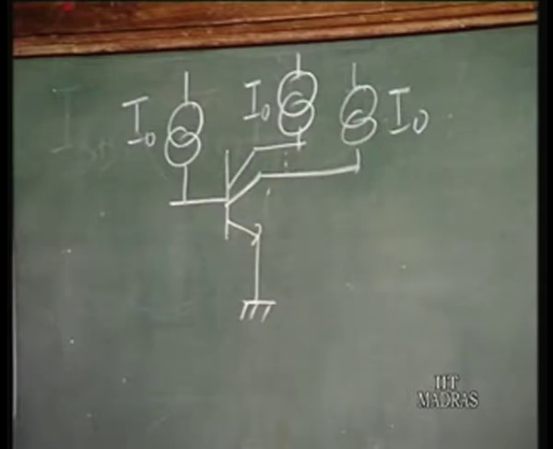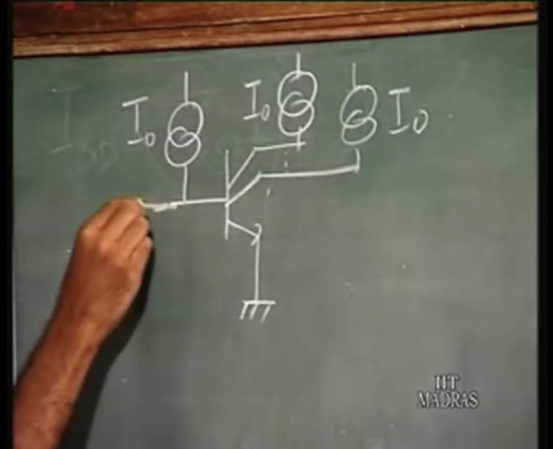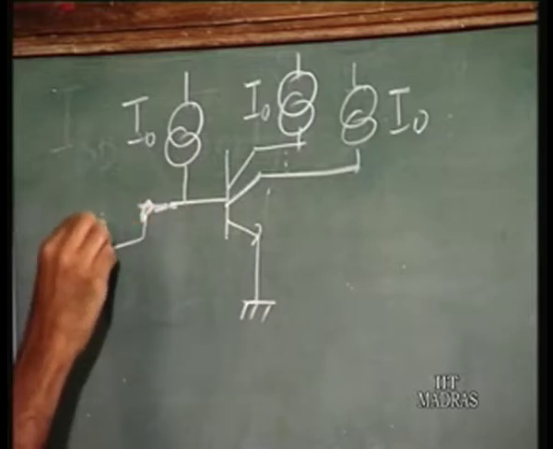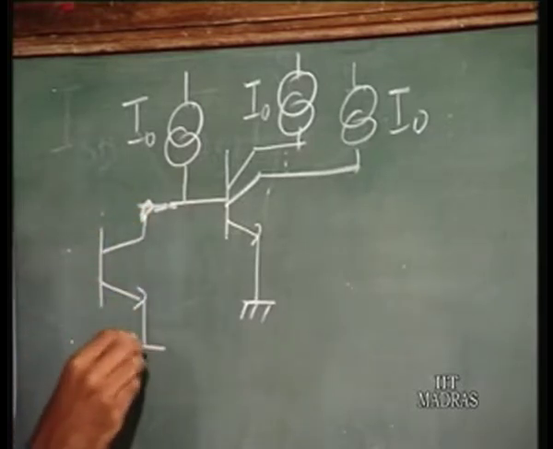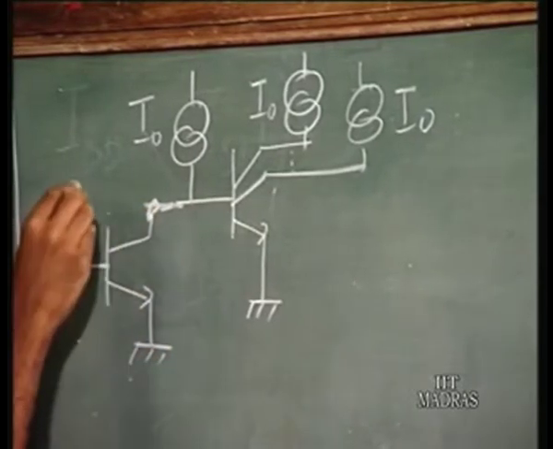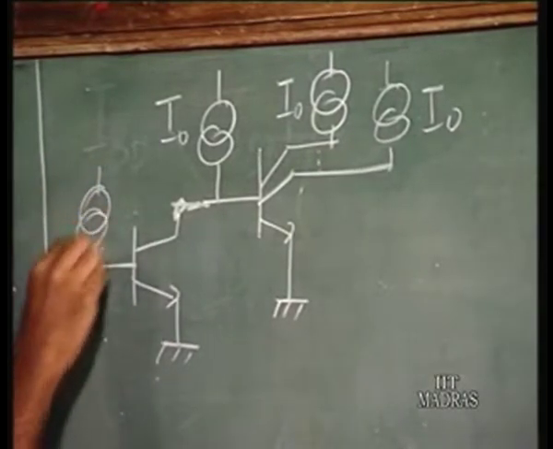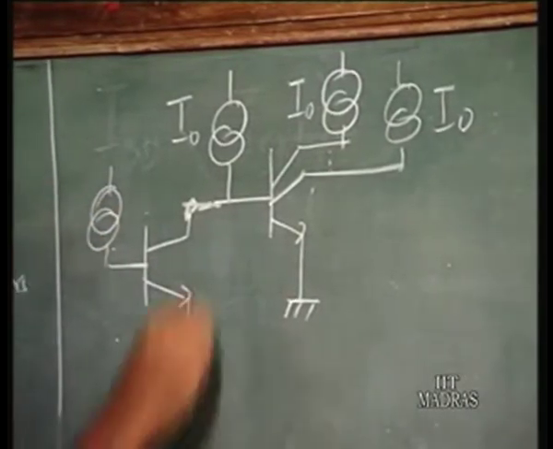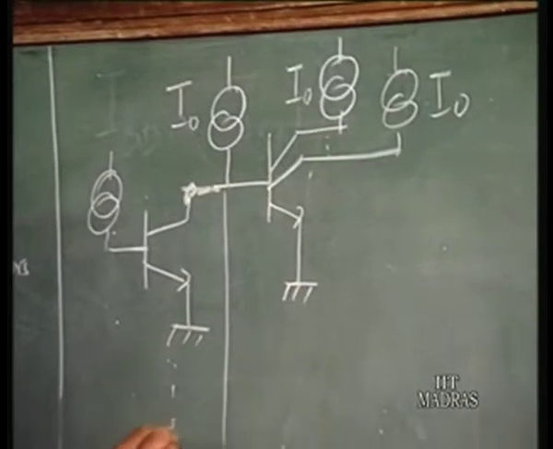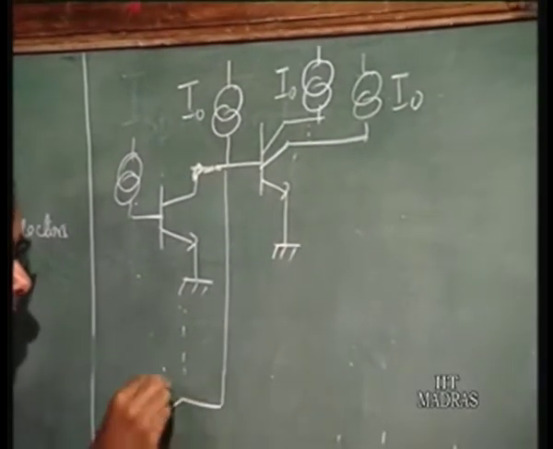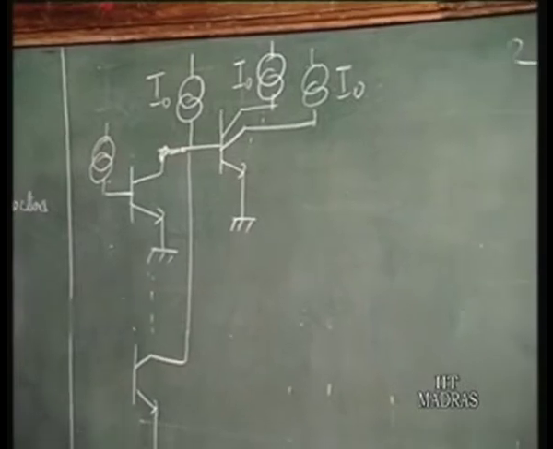Now, suppose this transistor is off, and at its base node you have transistors connected, which again have current sources at their base.